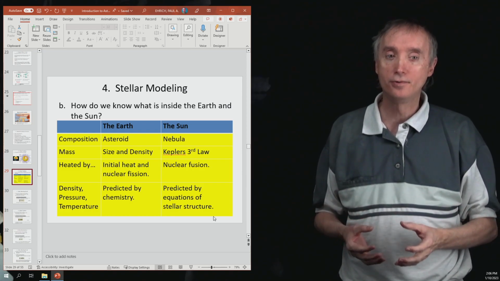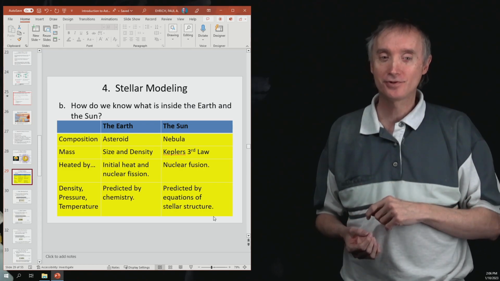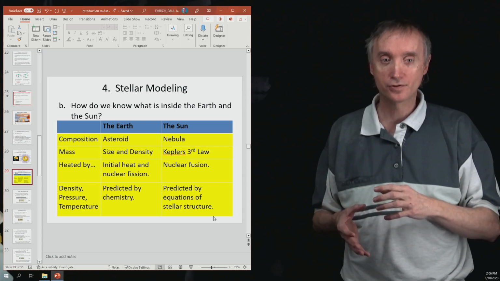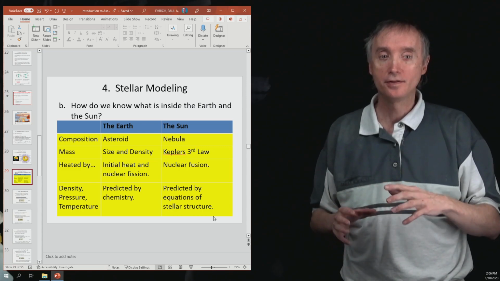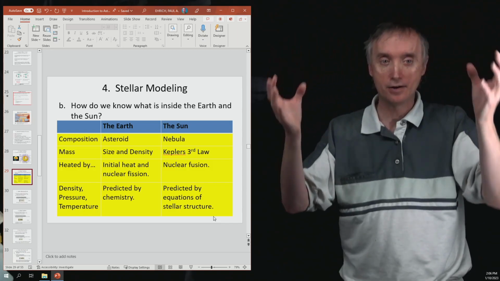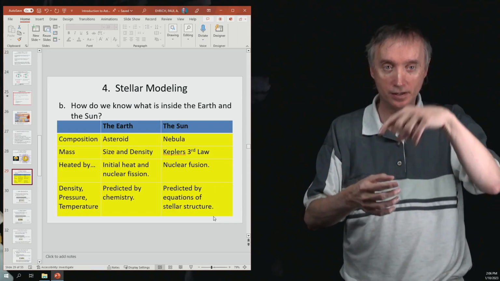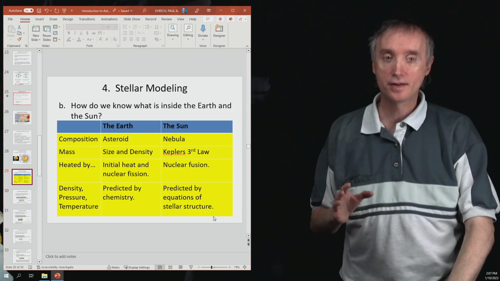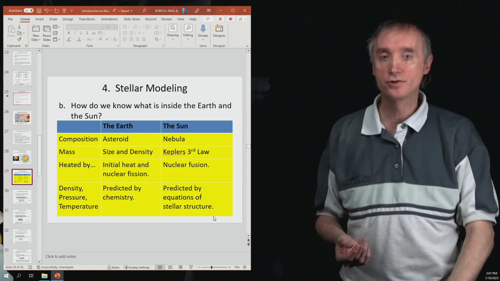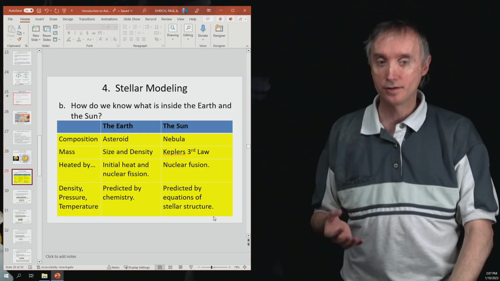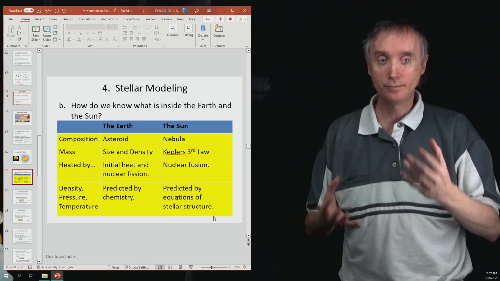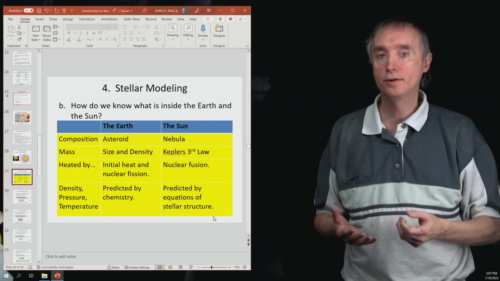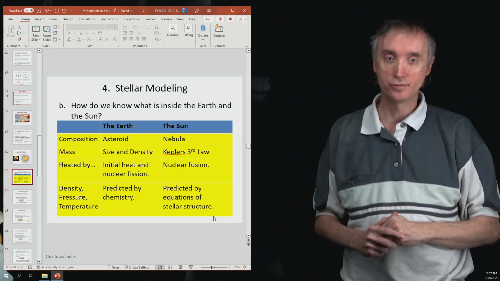So if you recall, back in unit number 2, we talked about the nebular hypothesis, which was that the solar system begins as a big cloud of material that collapses and then begins to spin, turns into a disk. So we think that that's related to the origin of the sun, that the sun begins as this big nebula, this big gas cloud. And so we know what a typical gas cloud is composed of.